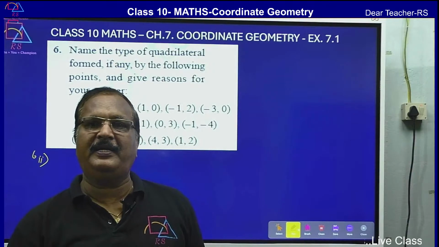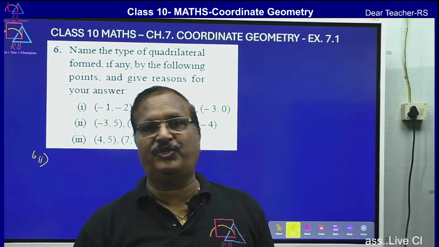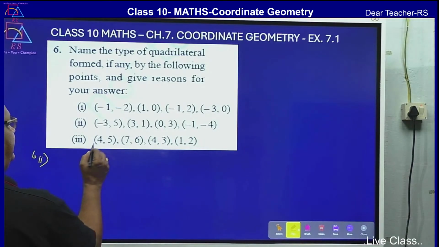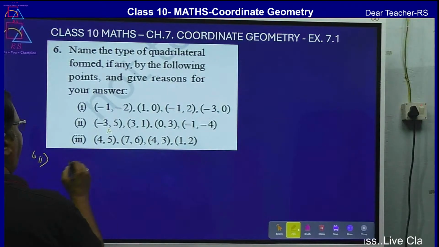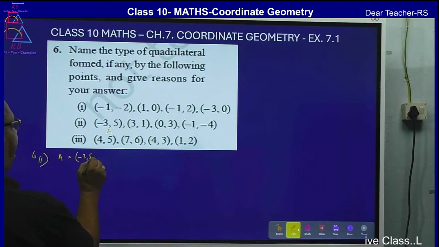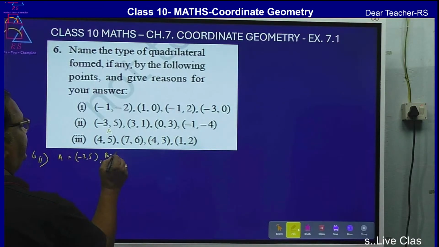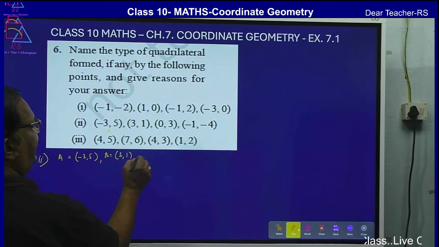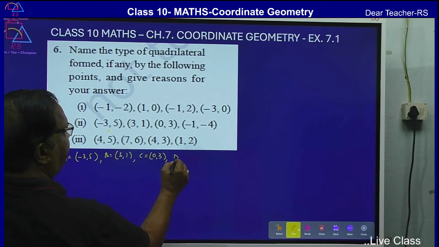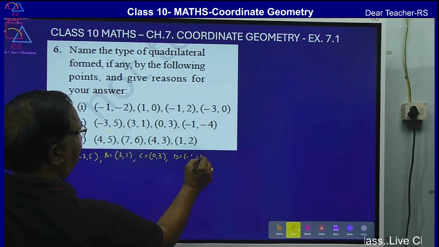So everybody should try and learn this question. So now this is A. A is equal to, I write small letters, (-3, 5), and B is equal to (3, 1), and C is equal to (0, 3), and D is equal to (-1, -4).